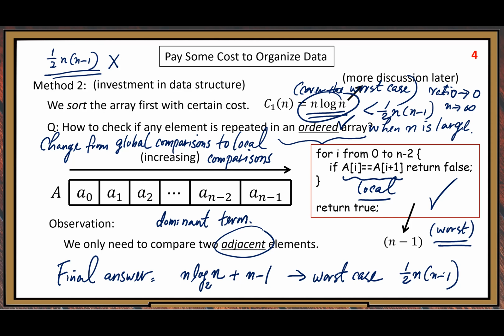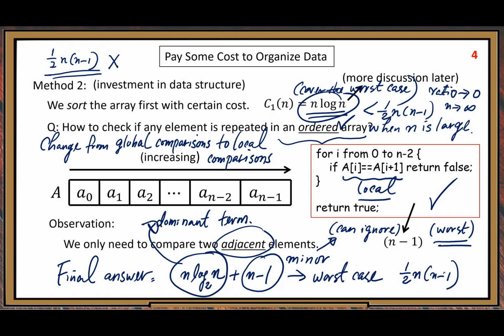So, dominant term. The first term in this expression is the dominant term. The second part we treat as the minor part, and we can ignore it in our comparison.